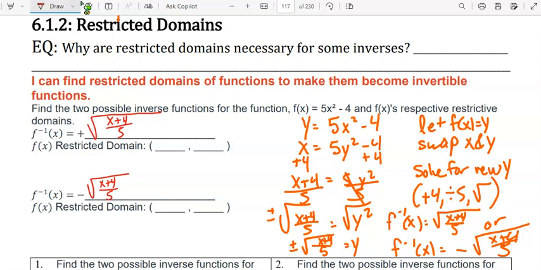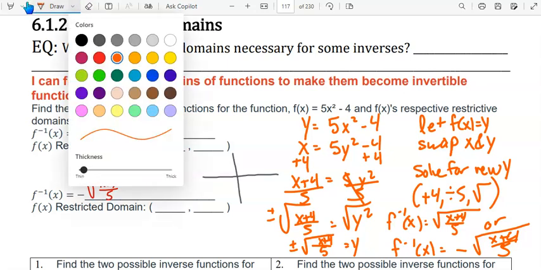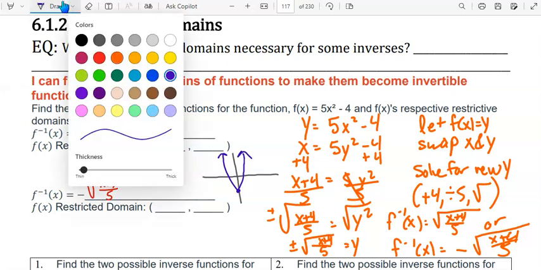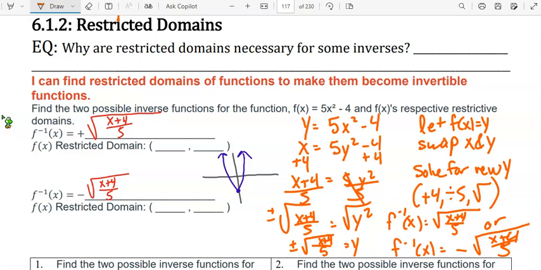If you were to graph these, the parent function, the original function here, is 5x squared minus 4. It looks something like this. And then the inverse function would look something like this.